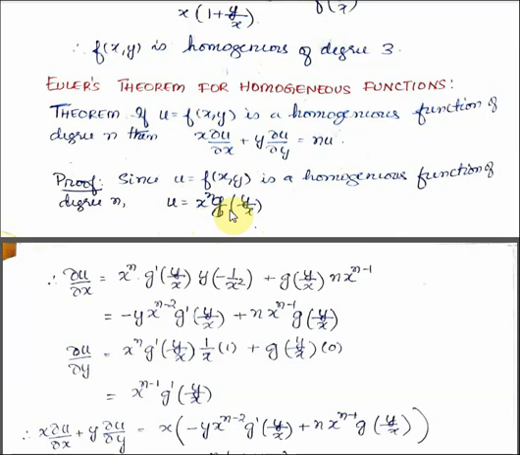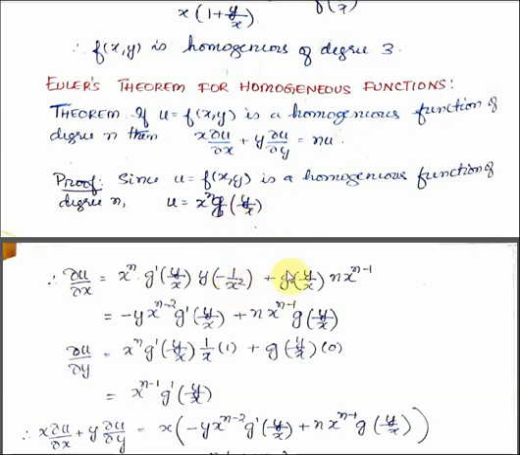Then I will take the partial derivative with respect to x. Now this is a product of two functions, that is x power n and g of y by x. Therefore, keep the first function, differentiate the second function, g becomes g dash of y by x, and differentiation of y by x again with respect to x, y is kept constant and differentiation of 1 by x becomes minus 1 by x square.